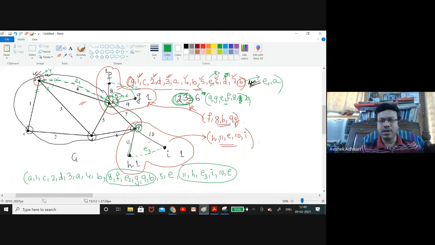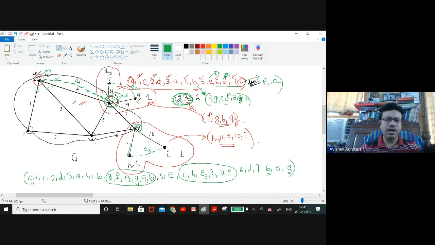Then you are again in E, then use the remaining part, 6, D, 7, B. Now when you are in B, you use E1 to go back to A. So you start with A, you come back to A, and you explore all the edges exactly once.